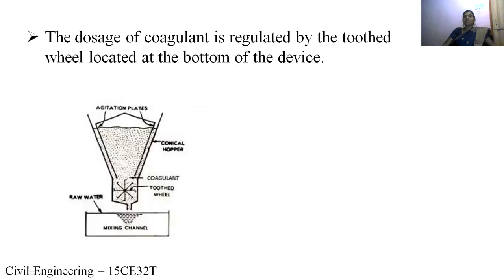Arching means the formation of cakes or lumps of chemicals in the hopper. The dosage of coagulant is regulated by the toothed wheel located at the bottom of the device. This is the toothed wheel, with which the coagulant dosage is regulated.